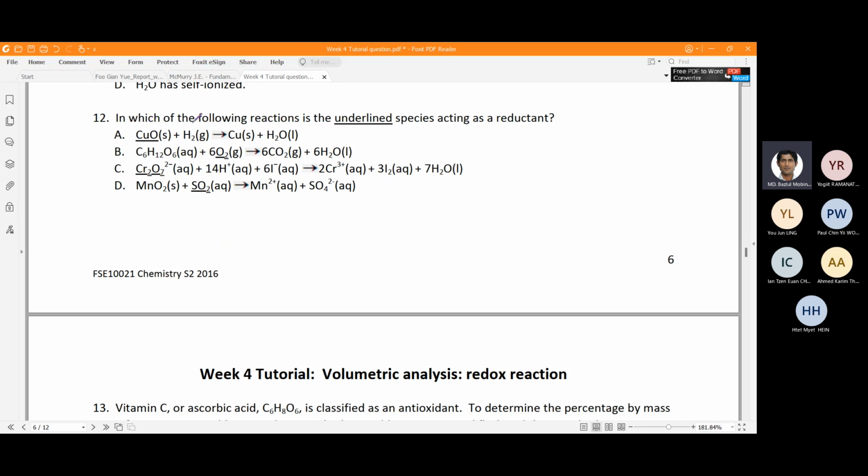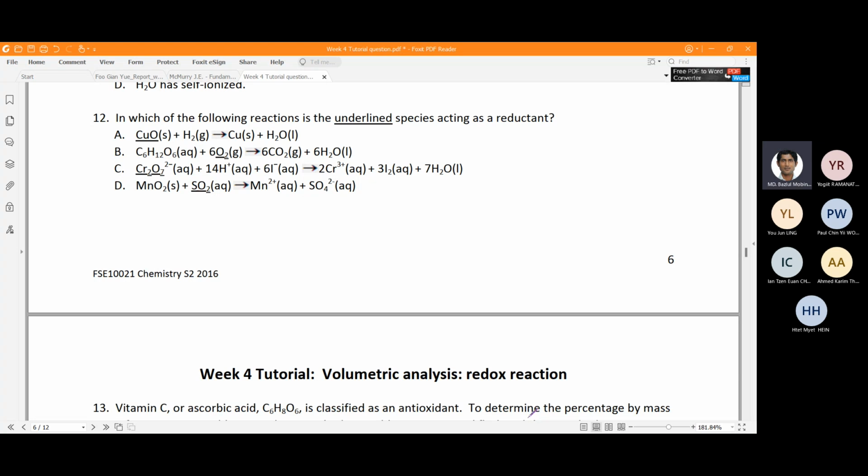Question number 12. In which of the following reactions is the underlined species acting as a reductant? Reductant. So if it is a reductant, what will happen? Reductant means it will reduce someone else, but it itself will become oxidized.